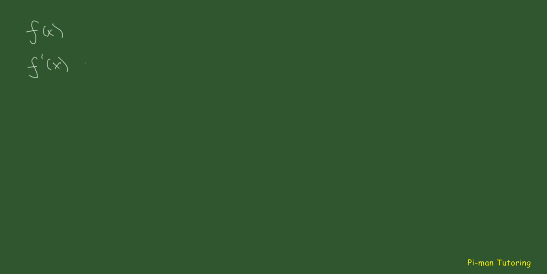And the f dash gives us the slope of the tangent to the function f of x at any given value of x we choose. And so this is the slope of the tangent at x.